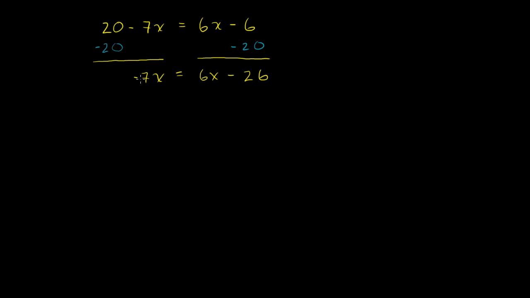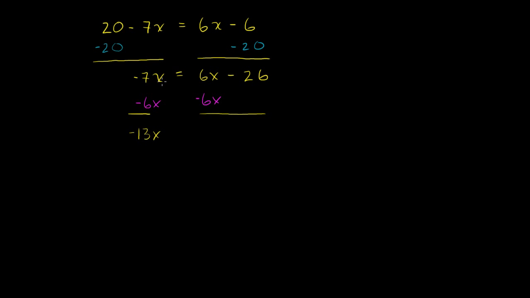Now the next thing we want to do is get all of the x terms on the left-hand side. So we don't want this 6x here. So maybe we subtract 6x from both sides. Let's subtract 6x from the right, subtract 6x from the left, and what do we get? The left-hand side, negative 7x minus 6x, that's negative 13x. Right?